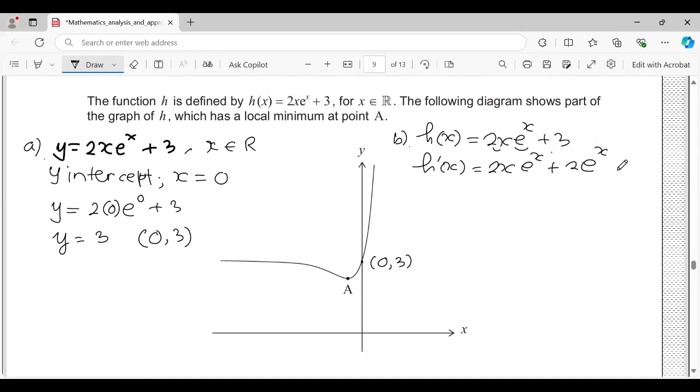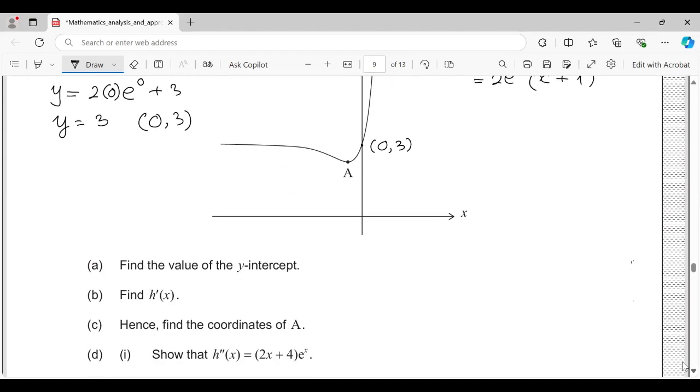This is the differential of 3 equals 0. And we can factorize: 2e power x multiplied by (x plus 1). This is the solution for B, the differential of h(x).